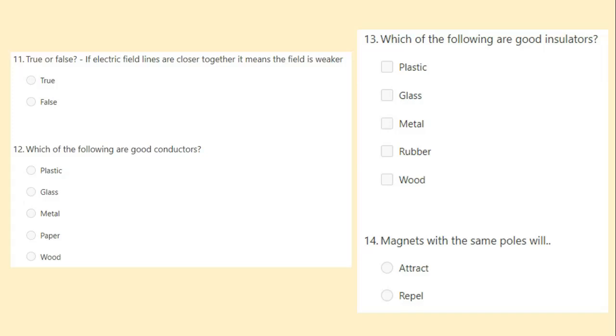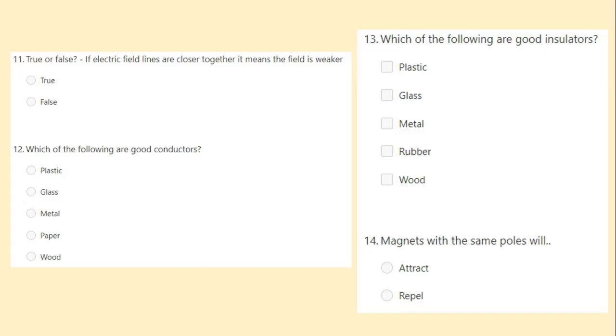Question 13 is a similar question. We have the same options, but which of the following are good insulators? We have plastic, glass, metal, rubber, and wood.